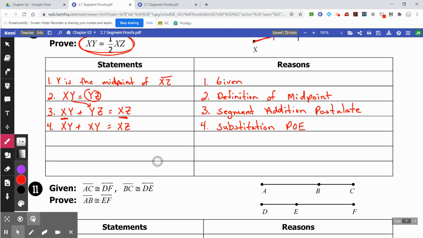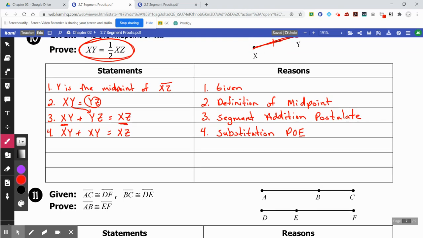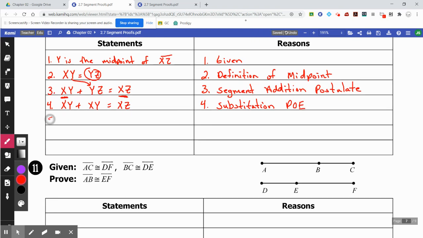Now we're on the right track, because I'm trying to prove that XY is half of XZ. I can say that XY plus XY is 2 XY's, equal to XZ. That's just simplification.